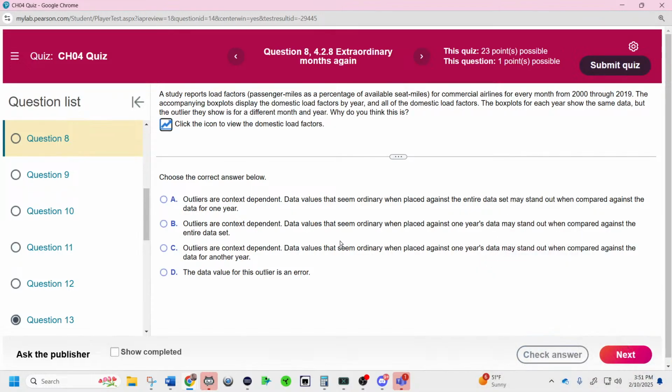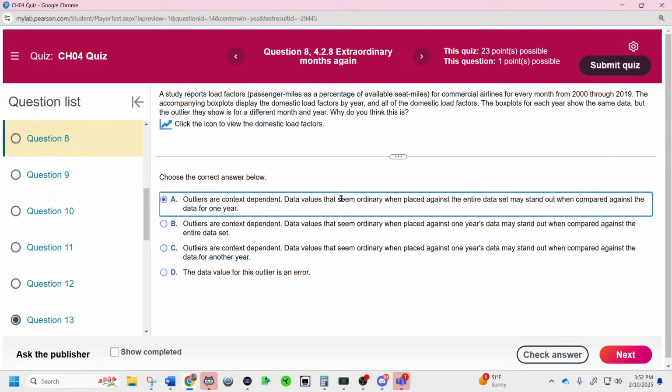Outliers are context dependent. Data values that seem ordinary when placed against the entire data set may stand out when compared against data each year. Data sets that seem ordinary when placed against 1 year's data may stand out when compared against the entire data set. These all sound the same.